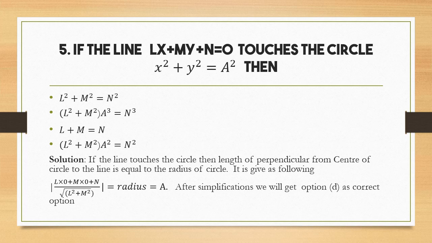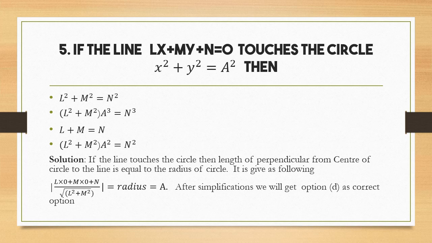And we studied in the equation of a straight line that the length of perpendicular from a point to a line is (ax1 plus by1 plus c) upon root of (a square plus b square), right? Now here the equation of the line is lx plus my plus n equals 0, which looks like ax plus by plus c equals 0, and the point is the center. The center of this circle x square plus y square equals a square is given by (0, 0).